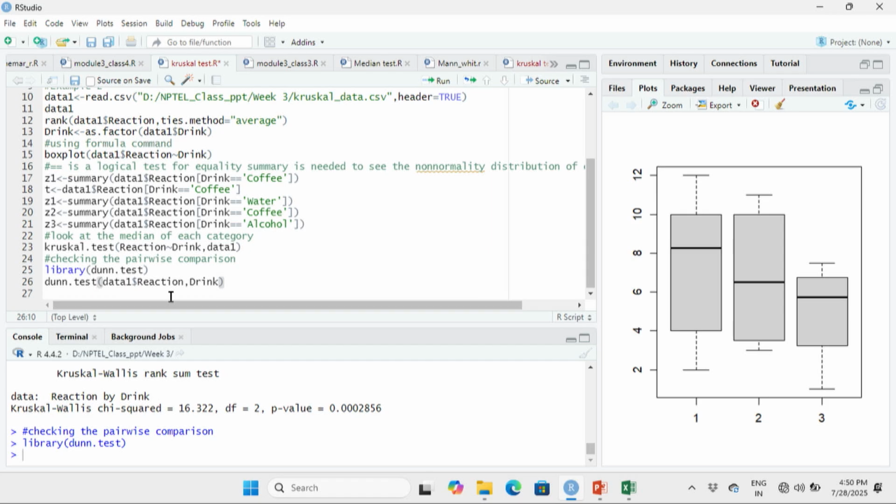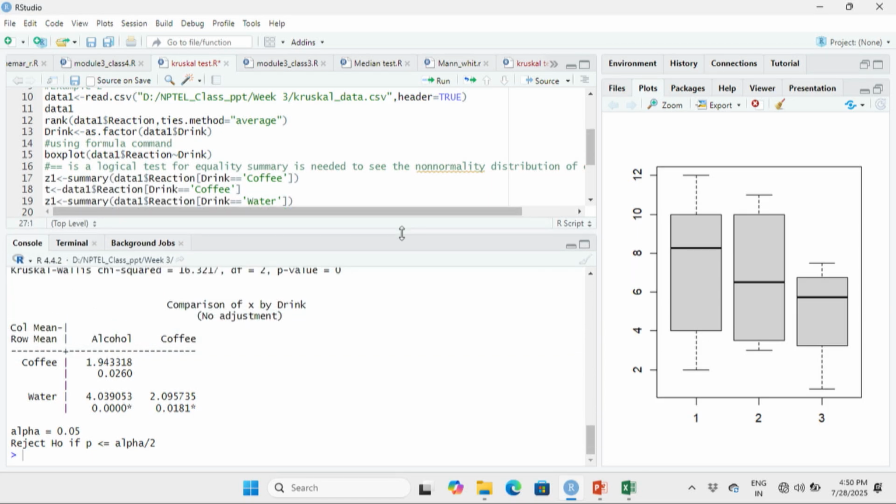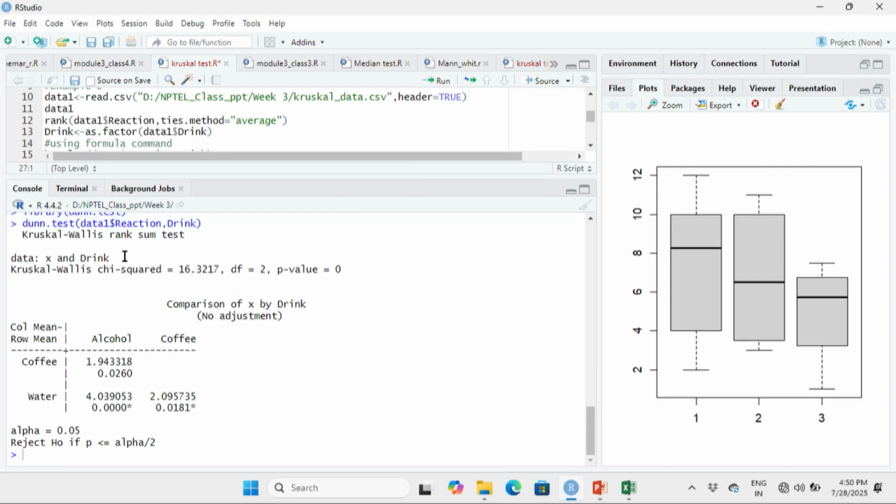That is how you have to write. The most interesting part of the Dunn test is you can see the entire output along with the Kruskal-Wallis statistic. Already we have done the Kruskal-Wallis, 16.3217, degrees of freedom 2 and the p-value is very small, but here the Dunn test is not giving you the exact p-value which you obtained with just the kruskal.test syntax.